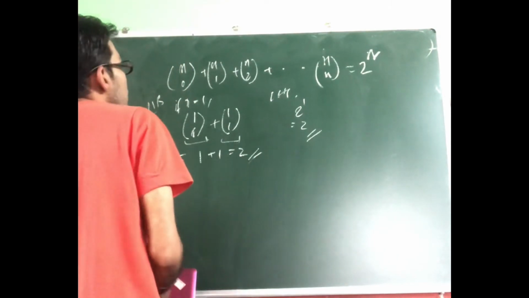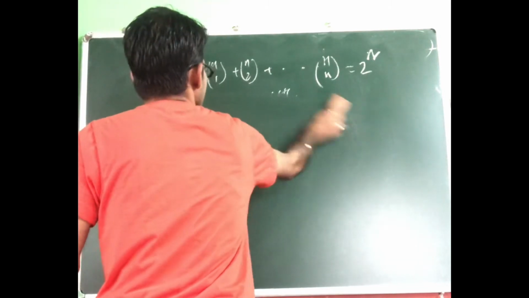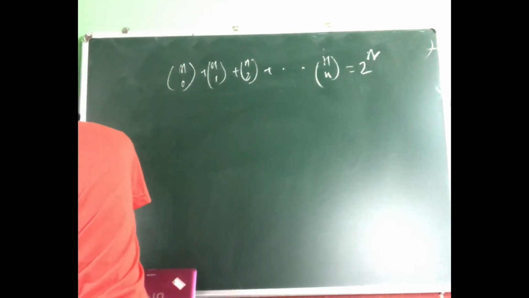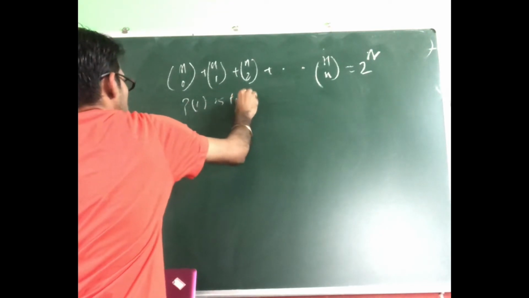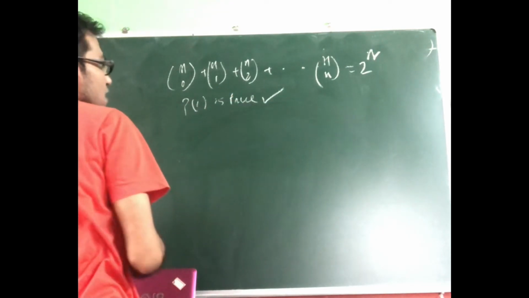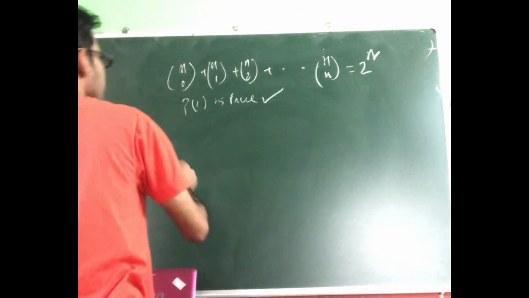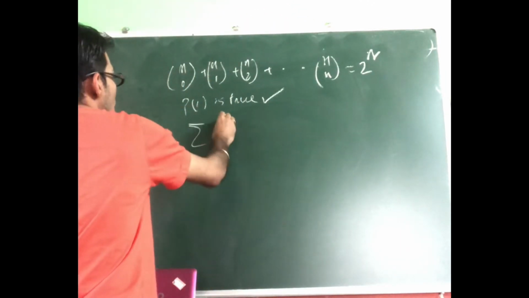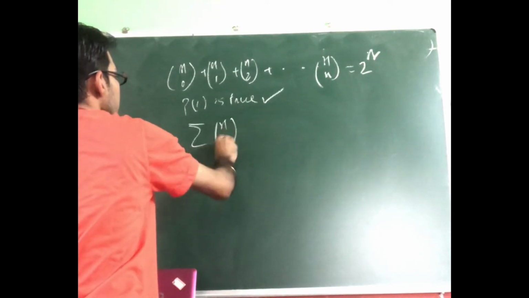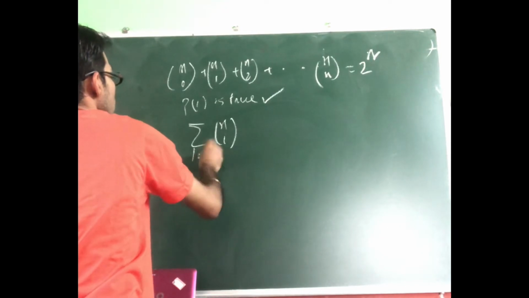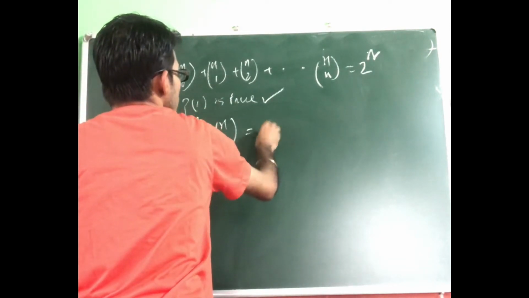Now I am assuming that the statement holds true for n equal to n. So far what we have done, we have proved the base case. P(1) is true. The next step is I am assuming that the statement holds true for n equal to n, the induction hypothesis. So summation of C(n,i), i equal to 0 to n, should be equal to 2 to the power n.